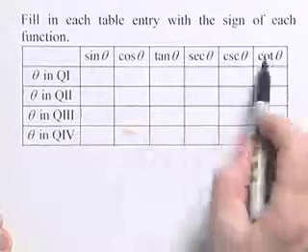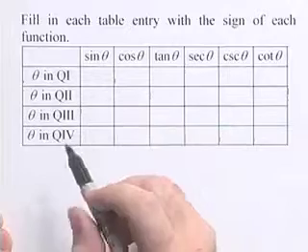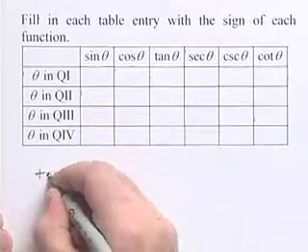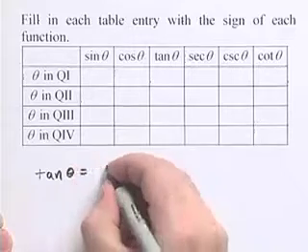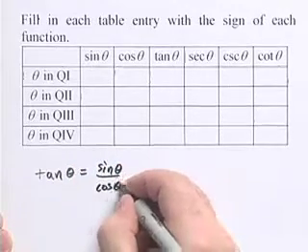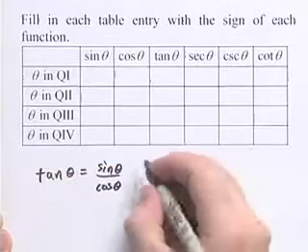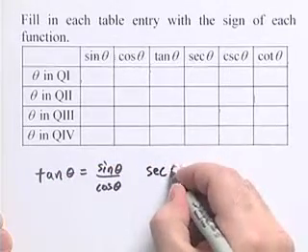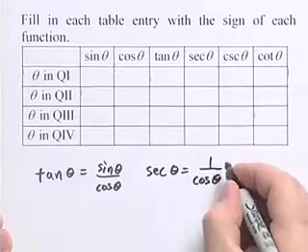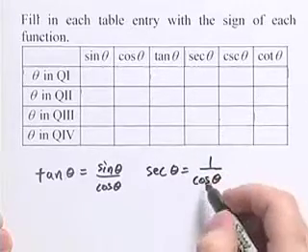These other 4 trig functions are all related to the sine and the cosine. And so we're going to review that by writing them down below. The tangent of theta is equal to the sine of theta divided by cosine theta. Secant of theta is equal to 1 over cosine theta, so it's going to have the same sign as the cosine.